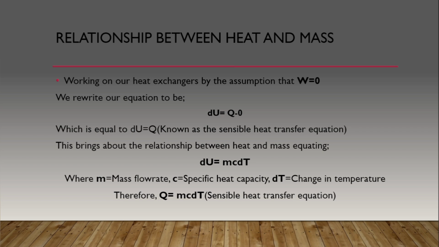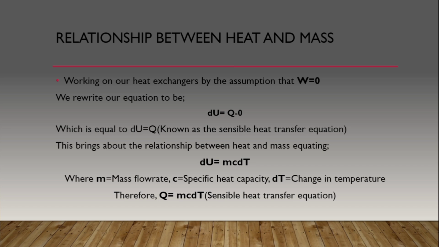And this m stands for the mass flow rate. I need you to take notes of every single thing we are looking at right now. Mass flow rate, C stands for specific heat capacity, and theta stands for change in temperature, which we already discussed earlier, which is nothing more than your final temperature minus your initial temperature.